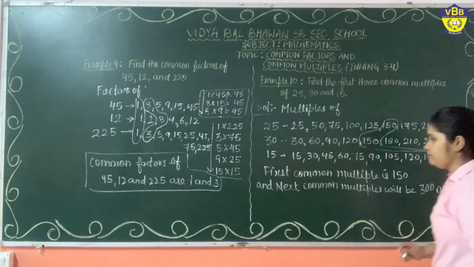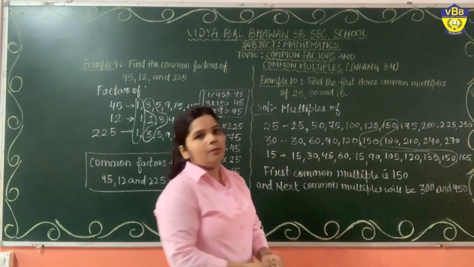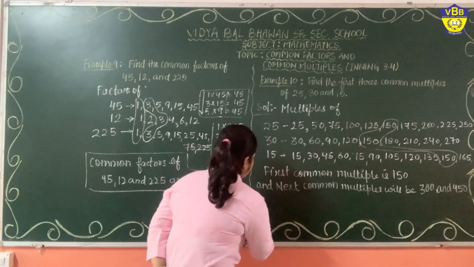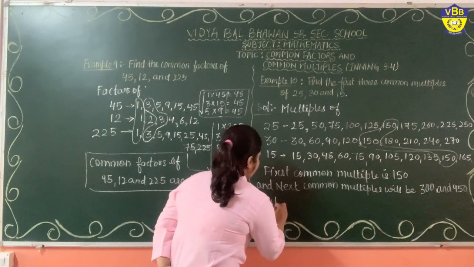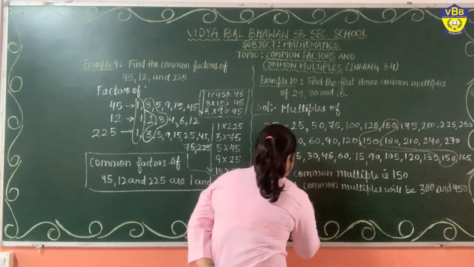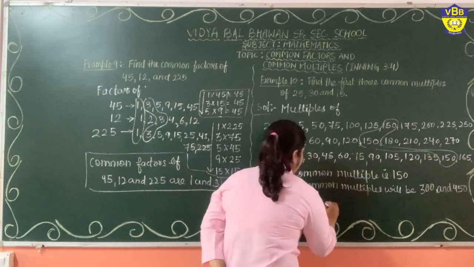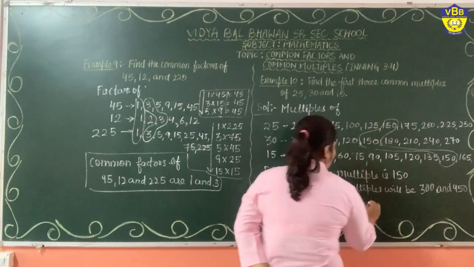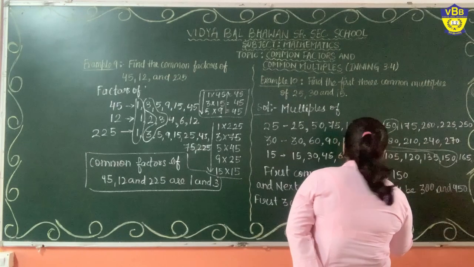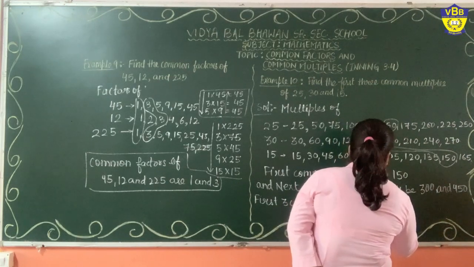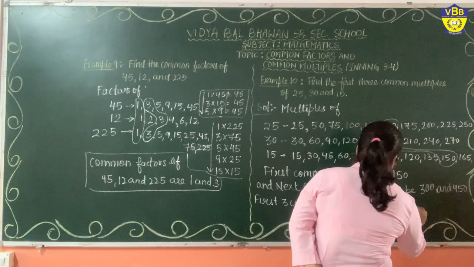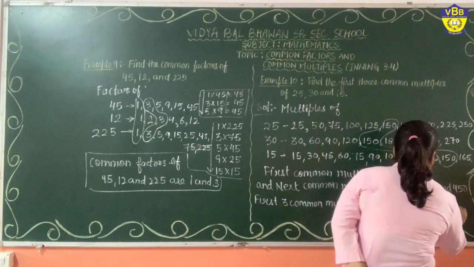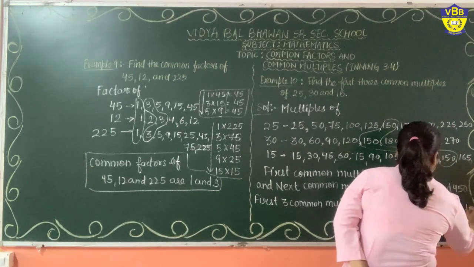So what are the first three common multiples of 25, 30 and 15? First write down the first three common multiples of 25, 30 and 15: they are 150, 300 and 450.